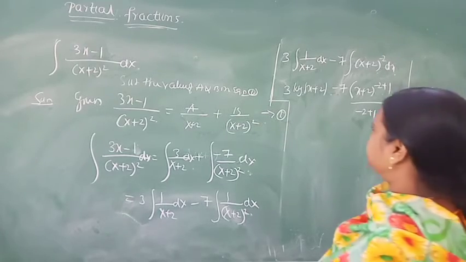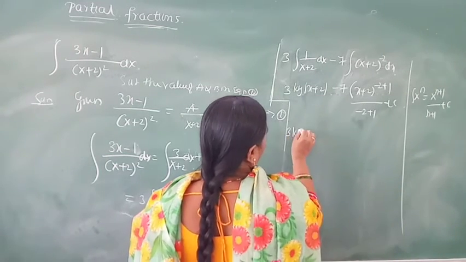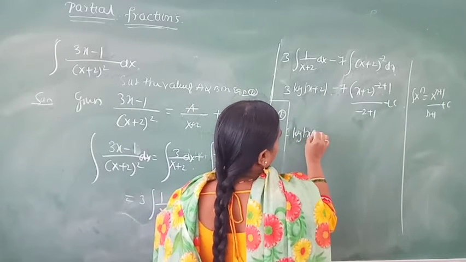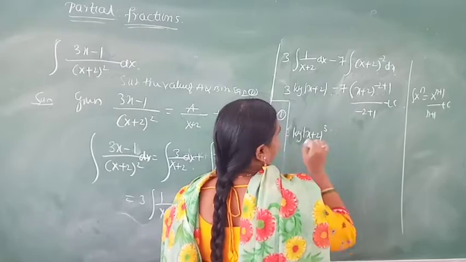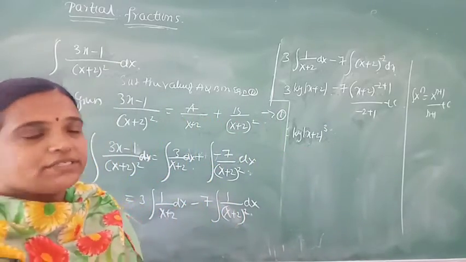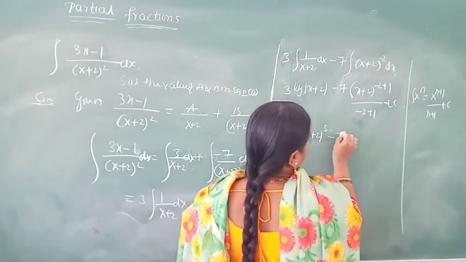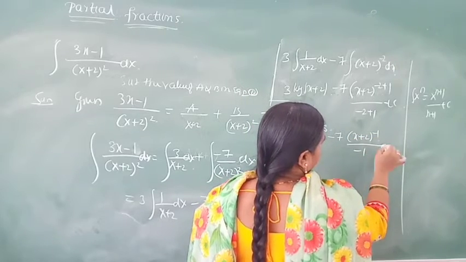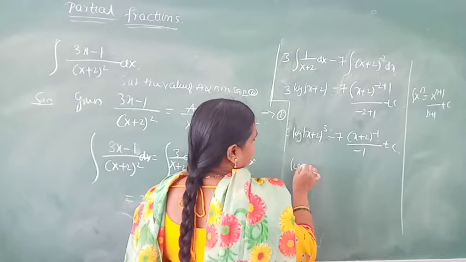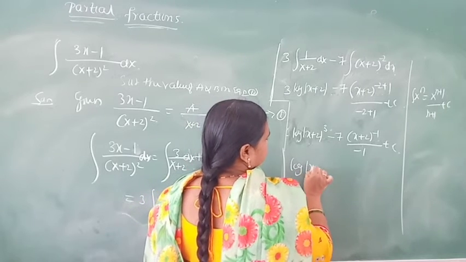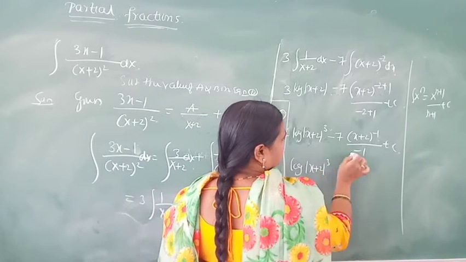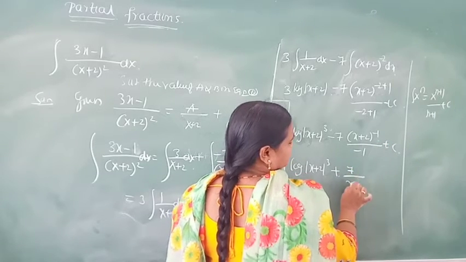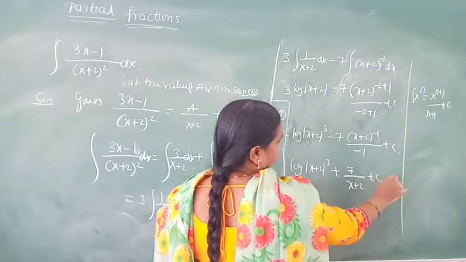Okay, next 3 log means we can write it as log of x plus 2 to the power 3 according to properties of logarithm. Next minus 7, x plus 2 to the power minus 1 by minus 1, or we can write log of x plus 2 to the power cube, minus into minus becomes plus 7, x plus 2 to the power minus 1, it goes to the denominator, it is plus.